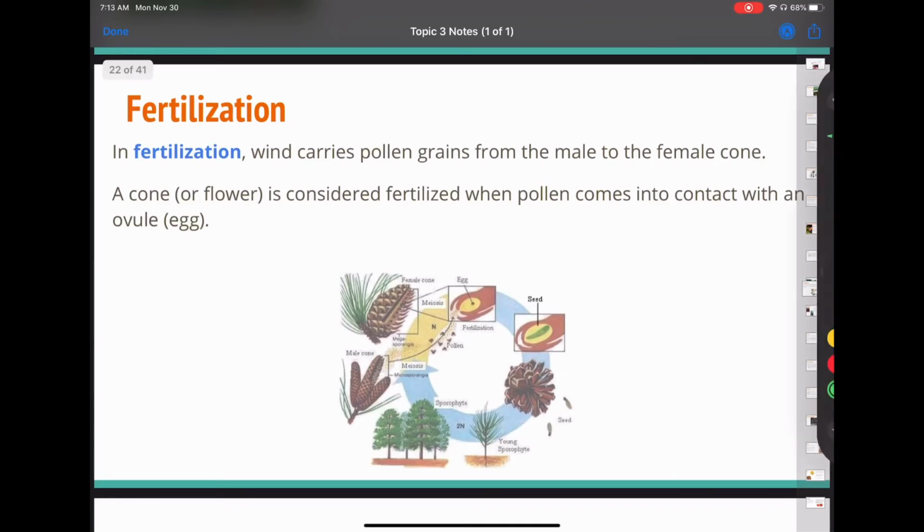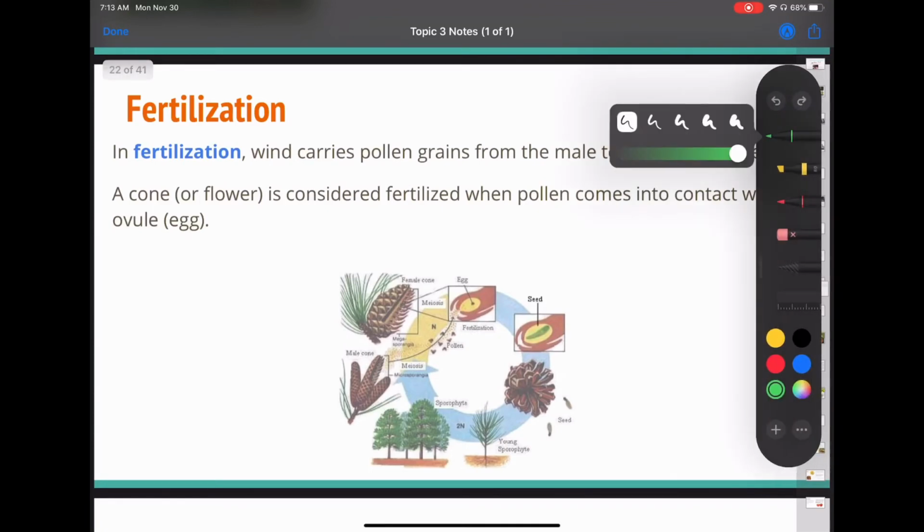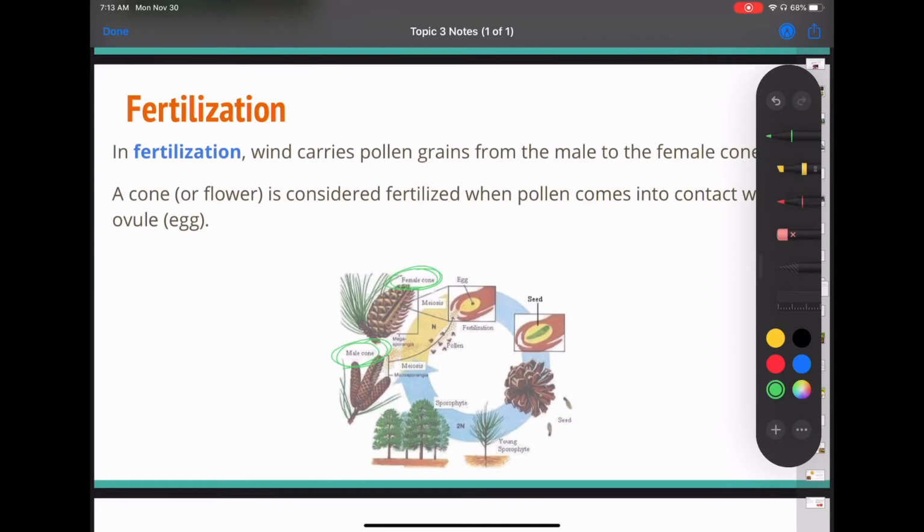Okay, if we take a look at the diagram down here, we have our male cones and our female cone. Now when the pollen here actually manages to make its way to the egg, this is when we would call this fertilized. So it's at this moment where the pollen makes its way to the egg that we call it fertilized. Okay.